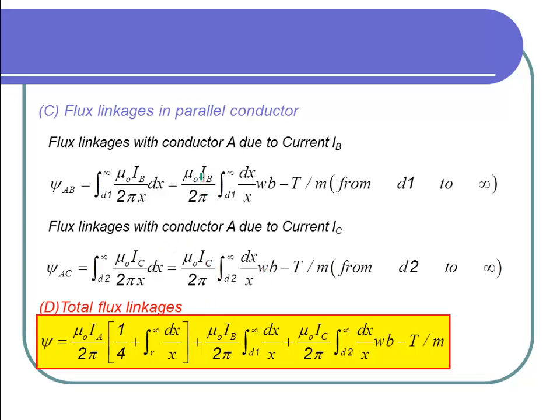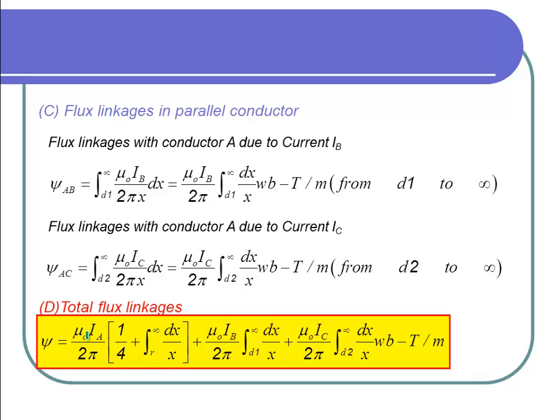In conductor B as well as conductor C, the currents IB and IC flow and set up some magnetic flux in the external part, and that external flux disturbs the magnetic flux on conductor A. Because of this, the net magnetic flux linkage on conductor A, psi, is equal to mu naught Ia by 2 pi into 1 by 4 plus integral of r to infinity dx by x.